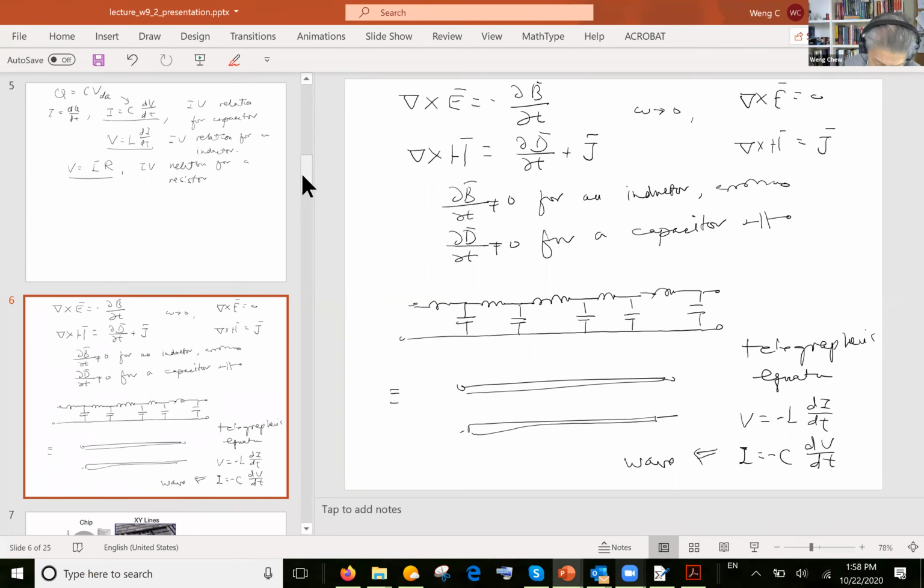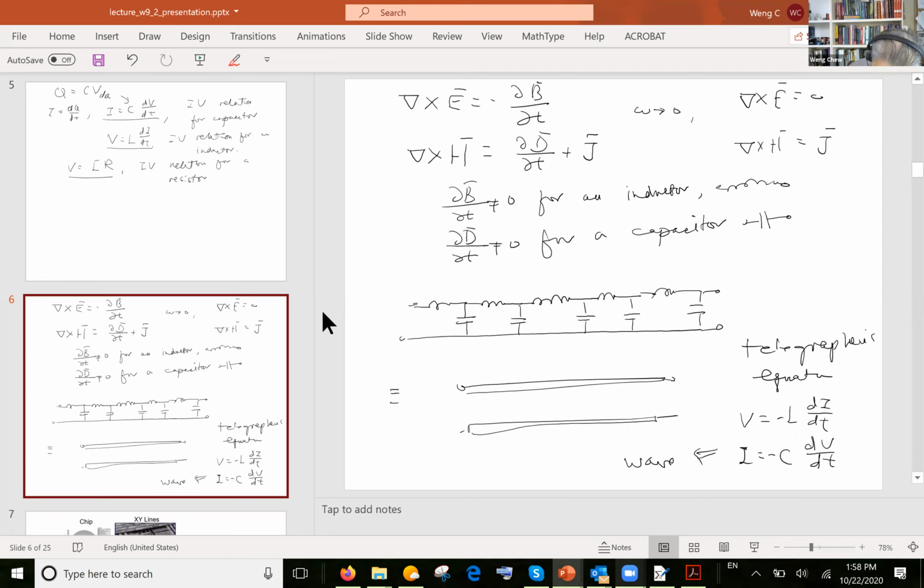There's one thing I want you to understand. Inductors are very important in circuits, so are capacitors. In circuits, for instance, in a microchip, they often make spiral inductors. Spiral inductors look something like this, since it's very hard to make an inductor on a microchip board.